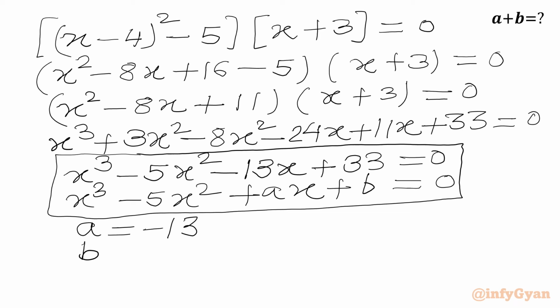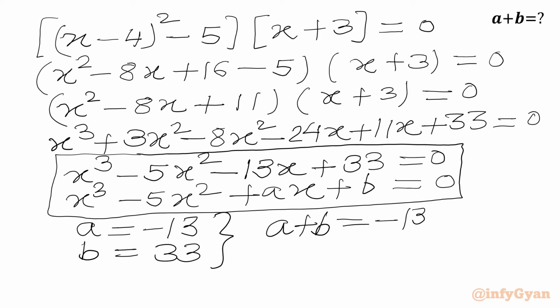Comparing the constants from both equations, we will get b equal to 33. Now we have to find the value of a plus b. So a plus b would be minus 13 plus 33. So we can write our final answer: a plus b will be equal to 20.